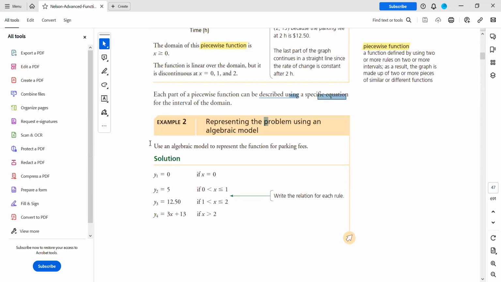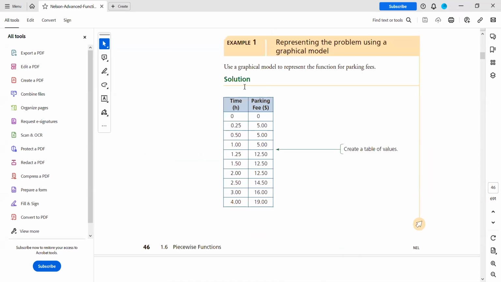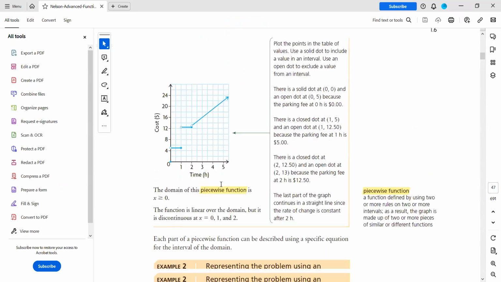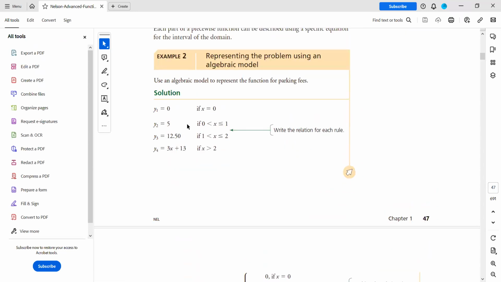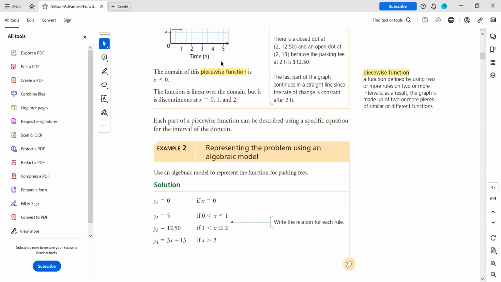So in example number 2, we have to use an algebraic model to represent the function for parking fees. Exactly what we did here with the table of values. We're going to do the same stuff algebraically. So first case, when price is 0, number of hours is 0, right? Makes sense.